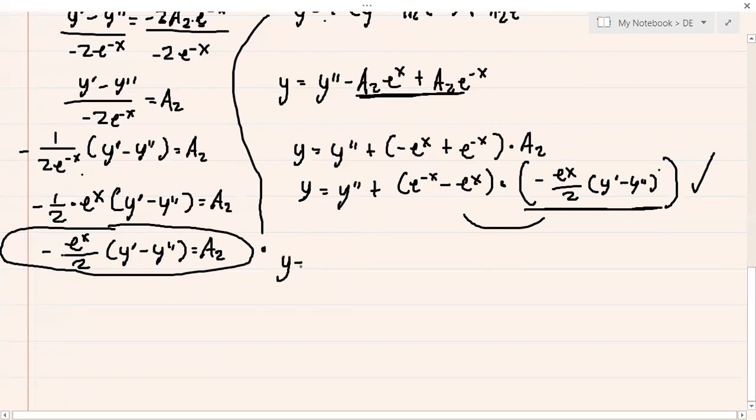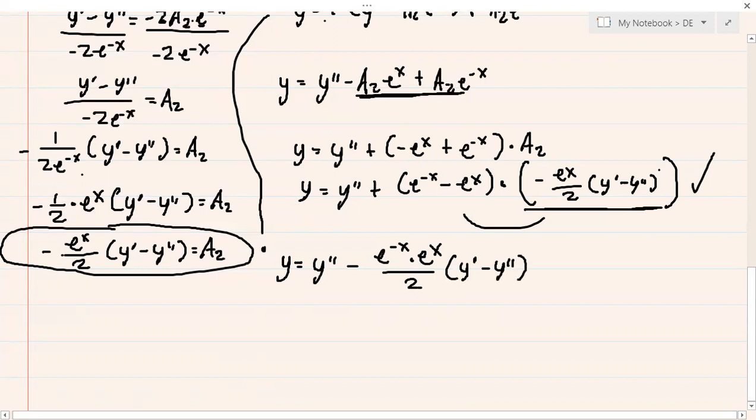So we will have y is equal to y second prime plus, if we distribute, I'm tongue-tied again. If we distribute this to e raised to negative x, it looks like this. It becomes negative. Sorry. It becomes minus e raised to negative x times e raised to x all over 2 times quantity y prime minus y second prime.